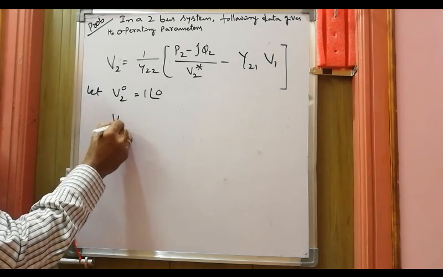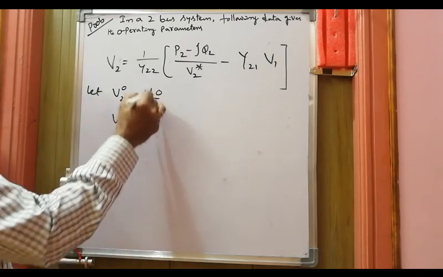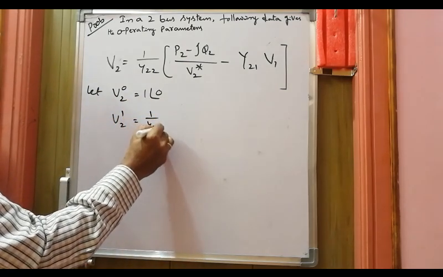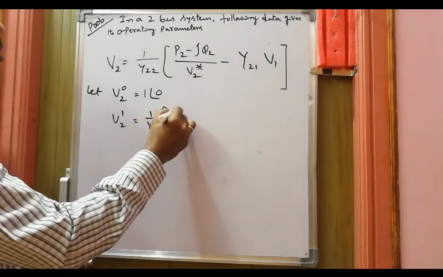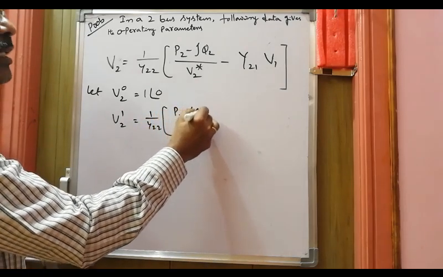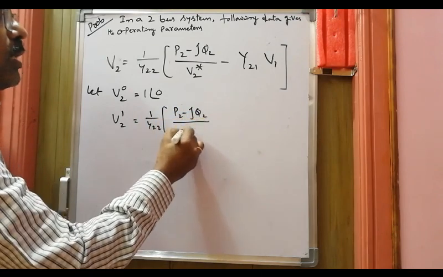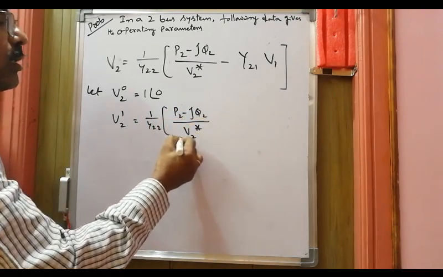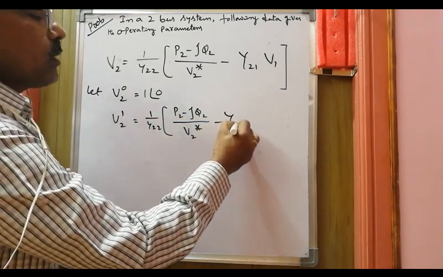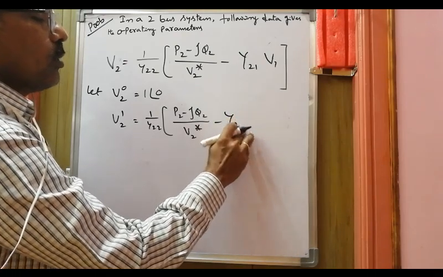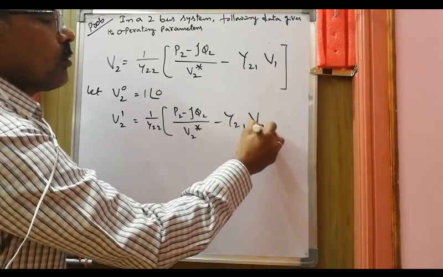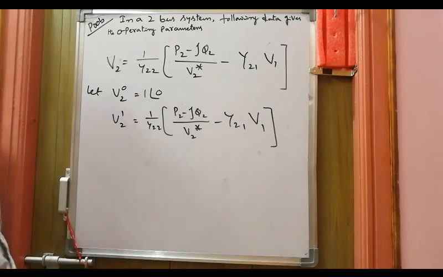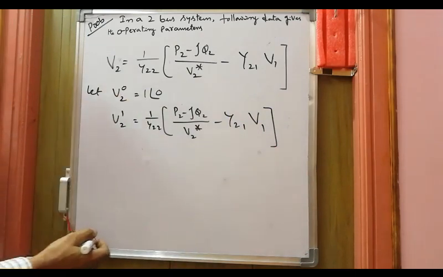Then what is V21? V21 is 1 by Y22, Y22 is already there, times (P2 minus JQ2 by V2 conjugate minus Y21 V1). V1 is already given.